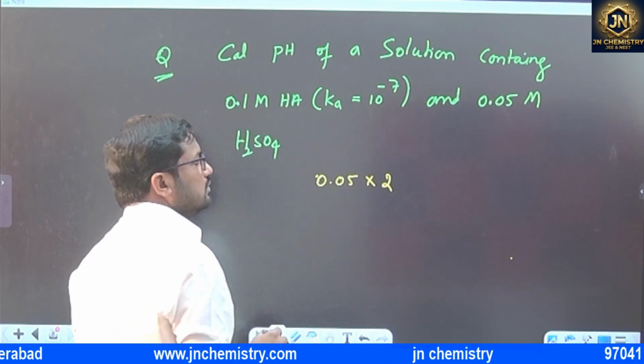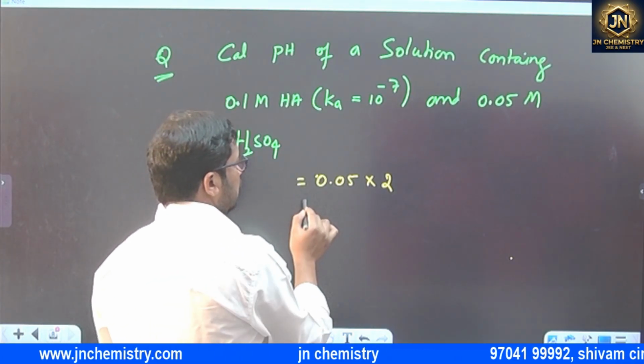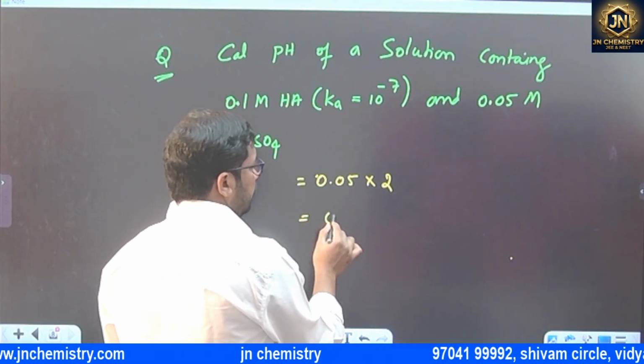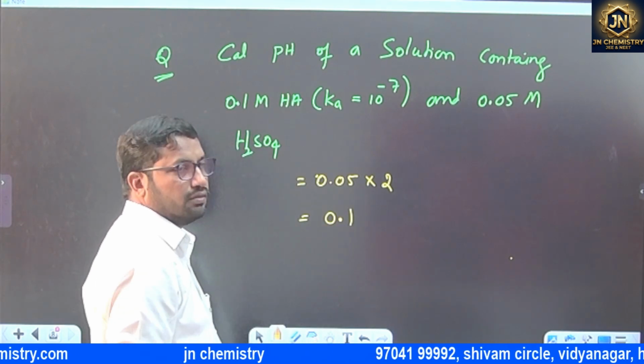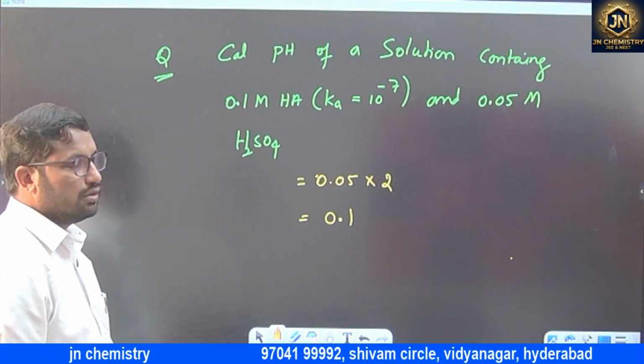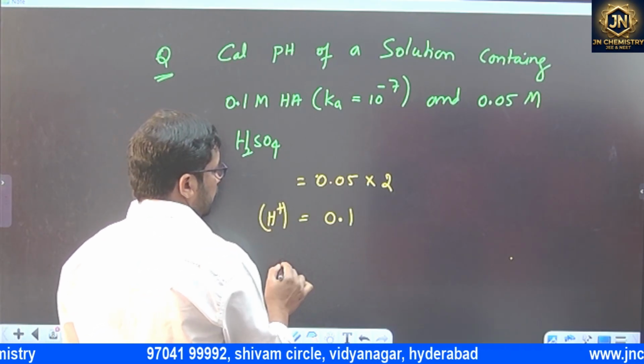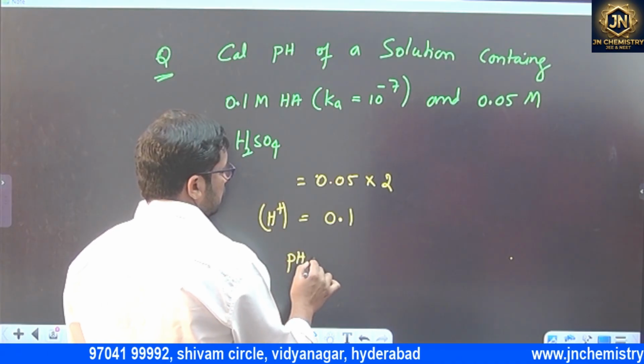Why 2? 2 H plus are coming. Nothing but what? Right? 0.1. 0.05 into 2 is how much? 0.1. So this is H plus concentration, equal to how much? 0.1. pH is equal to 1.